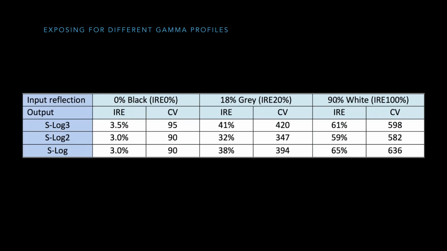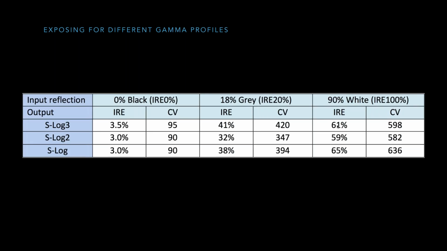You can plot exactly where the 90% reflectance chip on your chart should fall, and this is the key part of exposing for the different profiles you might be using. You've got to know what the profile's trying to do to squeeze your image in. So with S-Log3, you can see it's pulled the 90% reflectance.